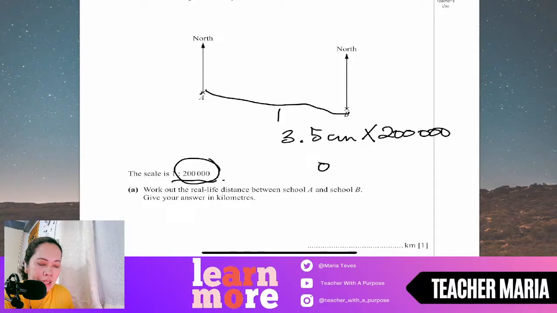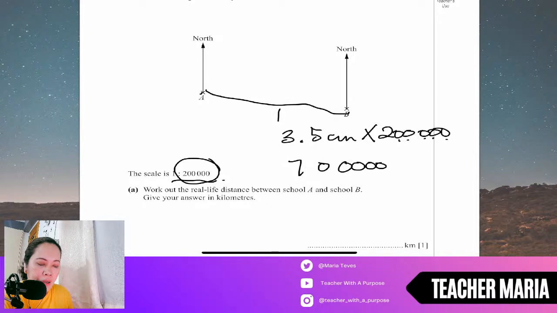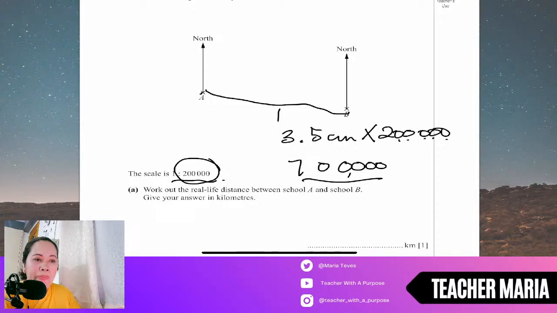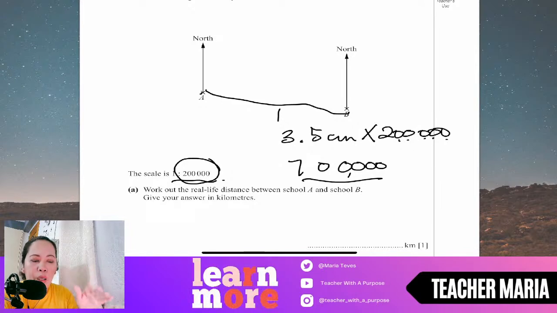So that's a 10, that's a 6, that's a 7. And then you have 1, 2, 3, 4, 5 zeros. So it's 700,000 centimeter. And then you just need to divide it to get how many centimeter it is per kilometer.